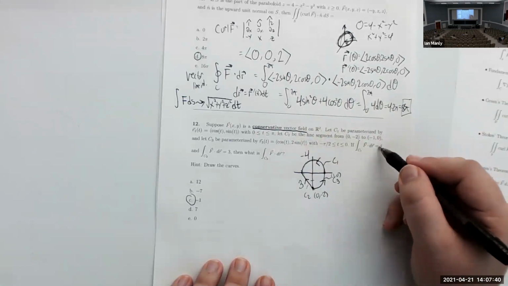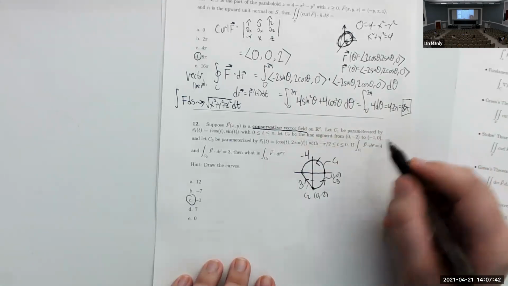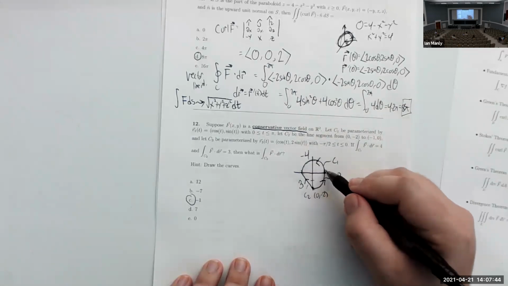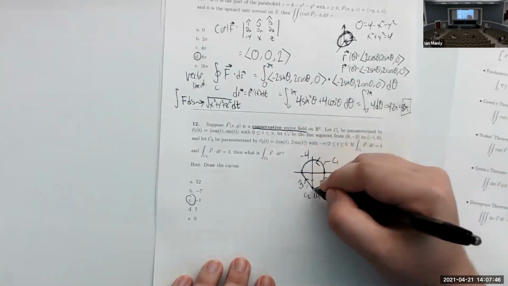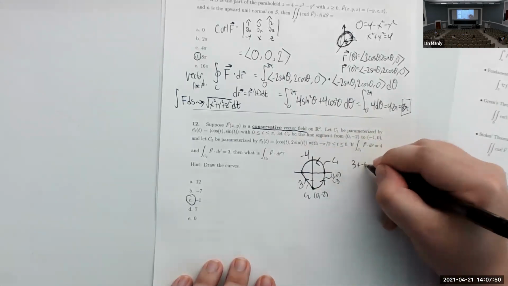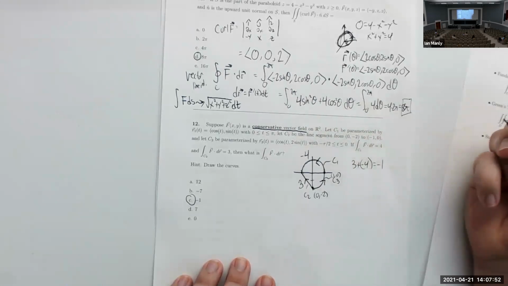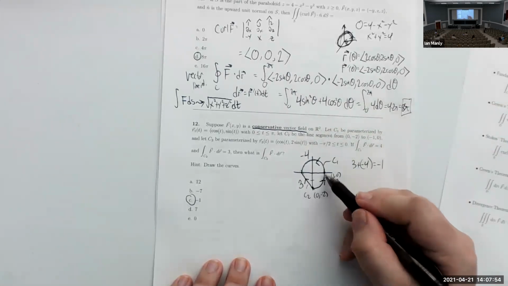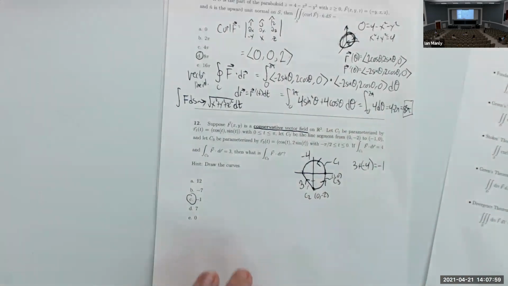When it's positively oriented, it has a value of 4, meaning if we go the opposite way, it's going to have -4. So we have 3 here, -4 here. That combined will give us -1. So that's the value we're going to get from the line integral going from here to here, because this vector field is path independent. So we're going to get -1 for this one right here.